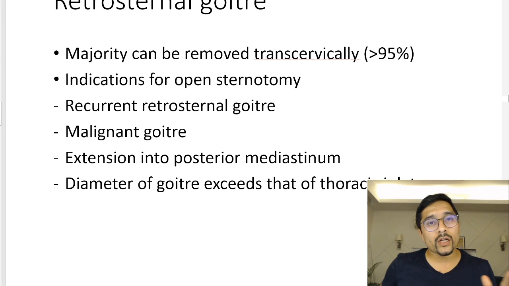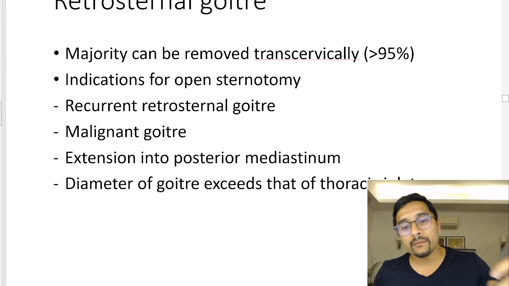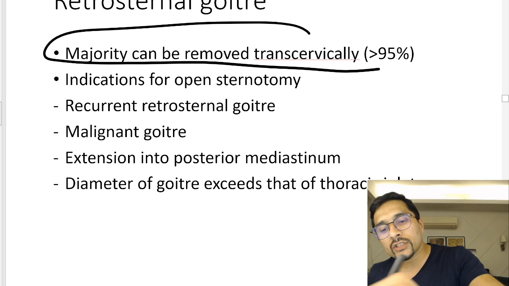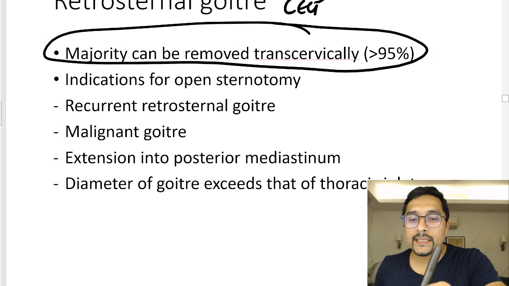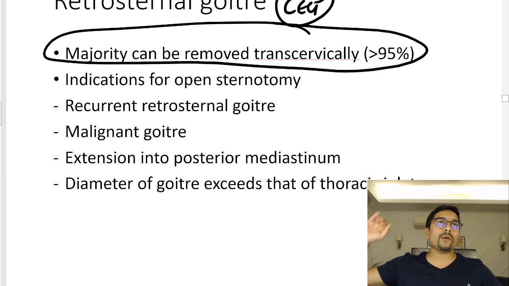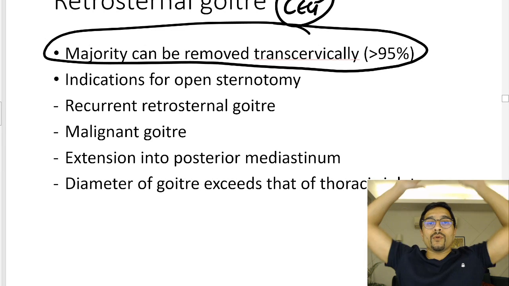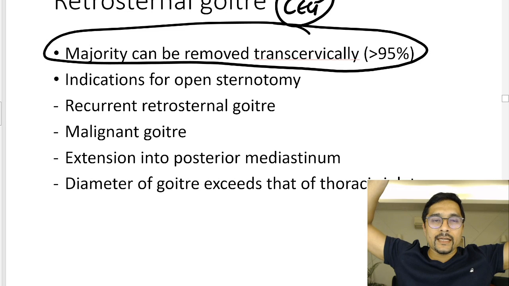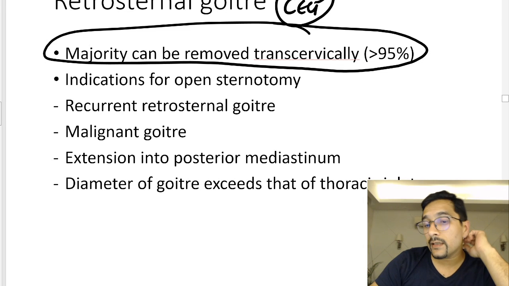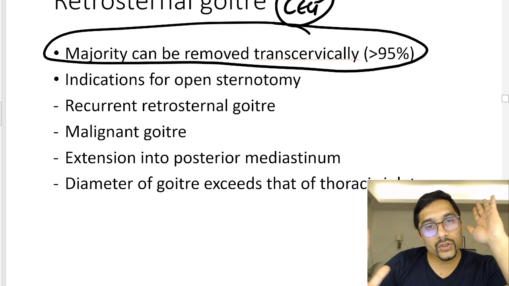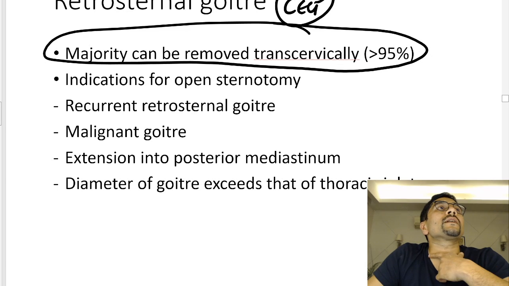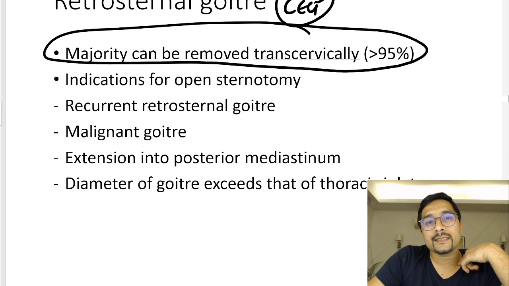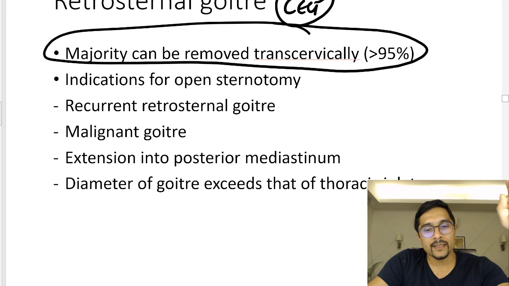We know that the majority of these retrosternal goiters can be removed via the neck incision or transcervically. And we do a CECT to see the extent. And you also know about the Pemberton sign, in which you ask the patient to raise his or her hands and there is facial congestion. So this question has been asked multiple times, that they can be removed using a simple neck incision or transcervically.